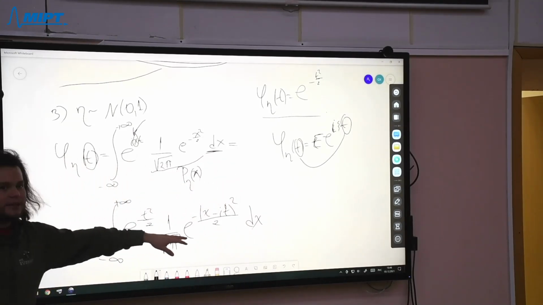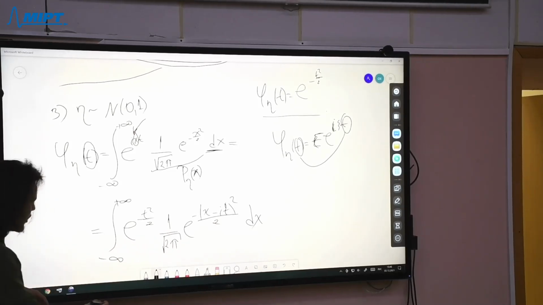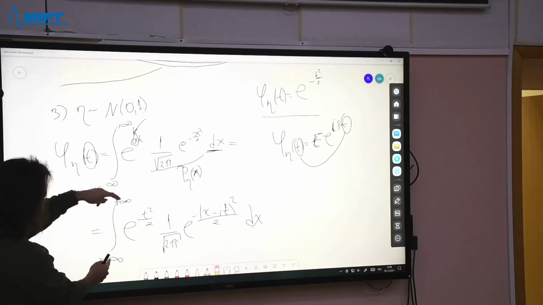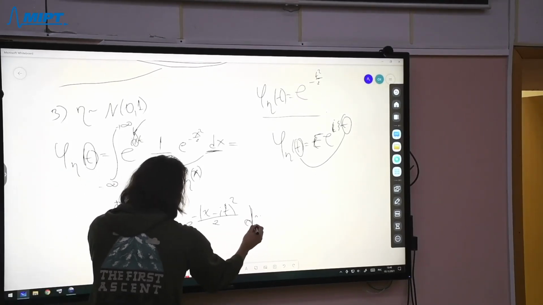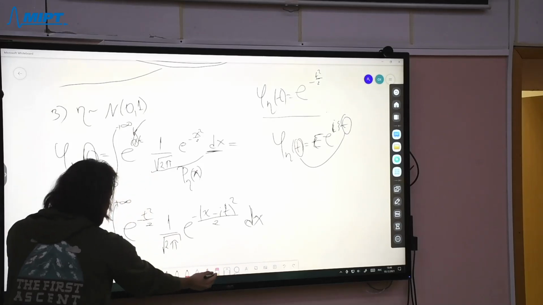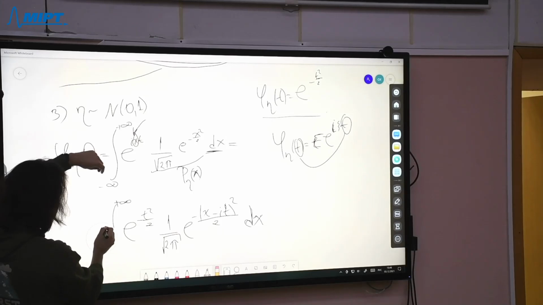This is exactly the same. You can check it, right? And what do we have here? This integral is on x, dx. So since here we don't have x, we can apply this integral only to this side.